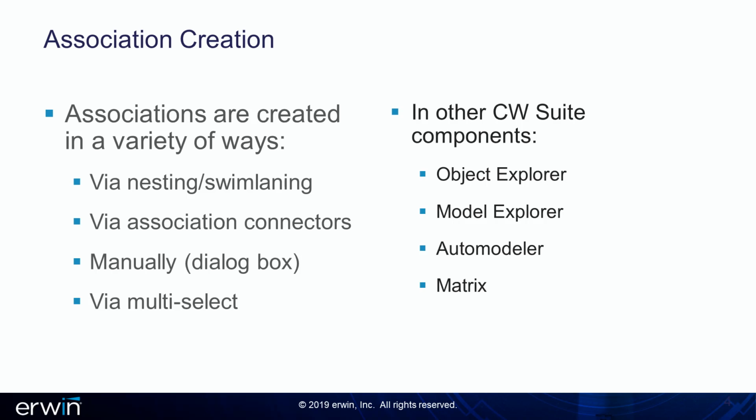You can do it manually, so by doing a right click on an object, you can go into its associations dialog and set it up, and via what we call multi-select, which I'll show you in just a bit. There are also other CW Suite components where you can do that as well. So you have Object Explorer, Model Explorer, Auto Modeler, and Matrix, and those are other places where associations can be created.